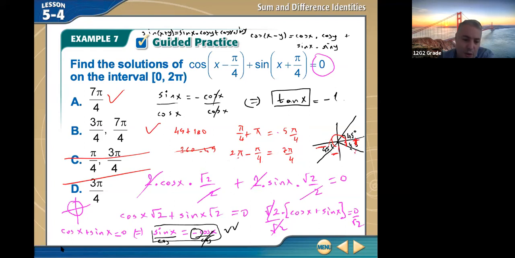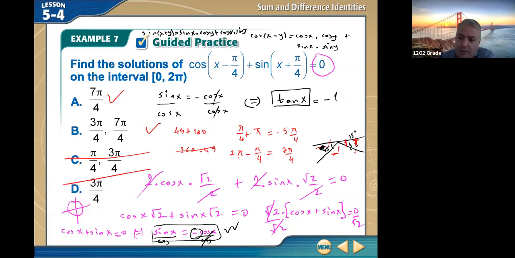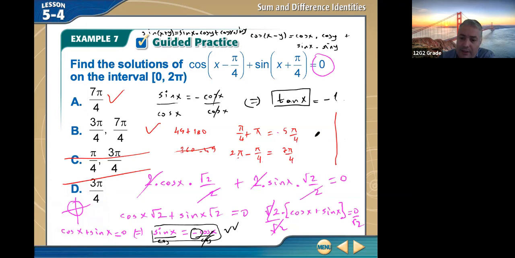So I should draw the figure again. Let me draw the figure. Oops. So the answer probably will be B. Let's check it now. Here positive, and here negative. One of the angles must be here.